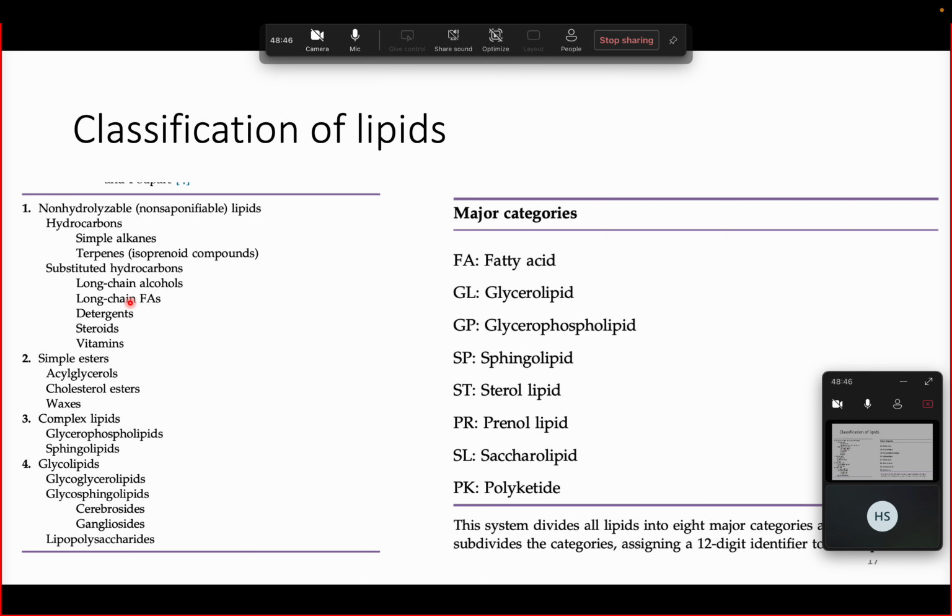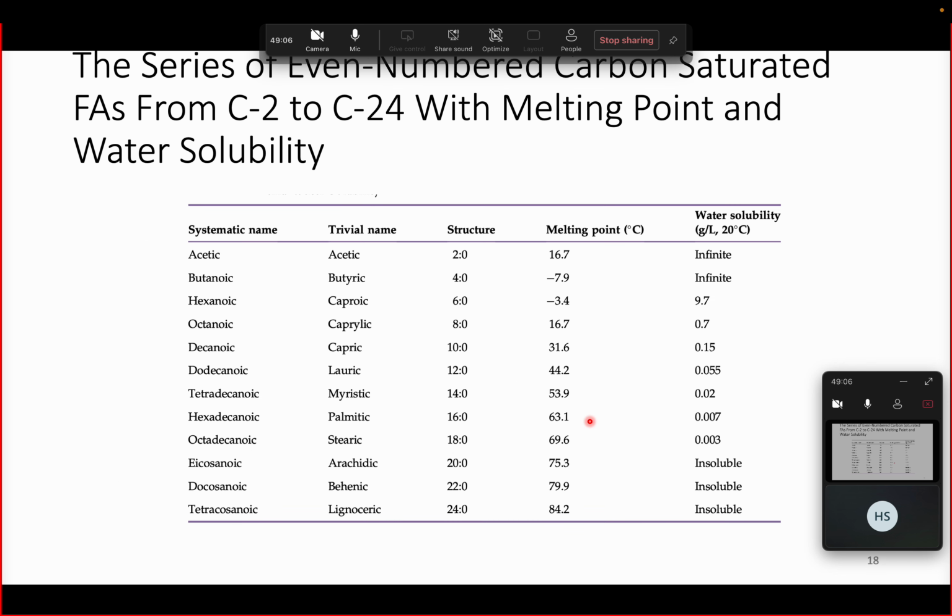PR means prenol lipids. SL means saccharolipid, and PK means polyketide. We will see these at the structural level also, because these are the categories or the types of lipids which are present in the membrane.